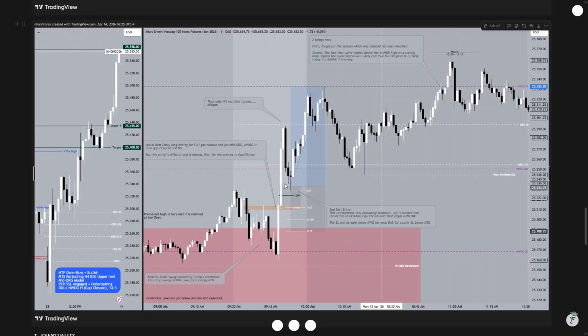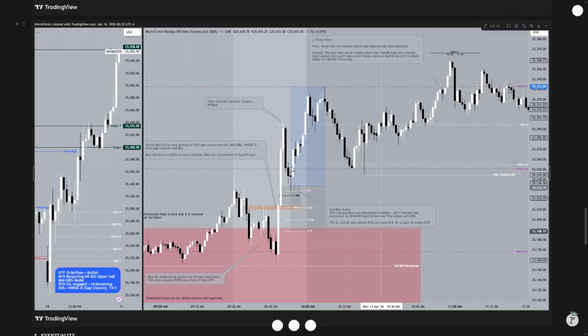However, I do not think this is a possible entry for any level of skill set that's not as advanced as it gets. But with a more advanced skill set, I think this could be an entry. It rallies up to the high of the open range gap, which is this level. So this candle hits it, and then we see a retracement.